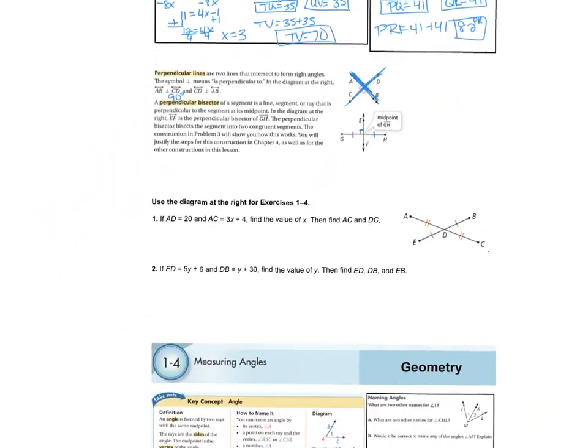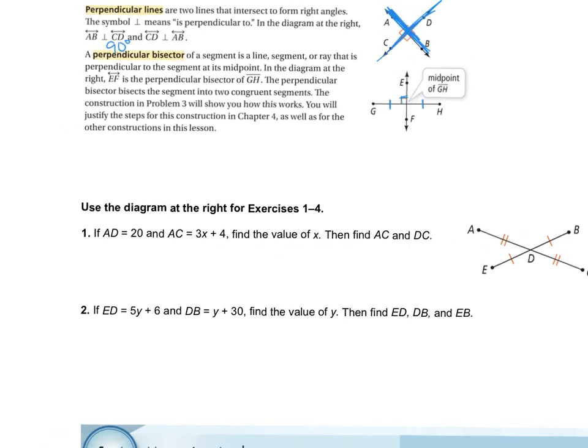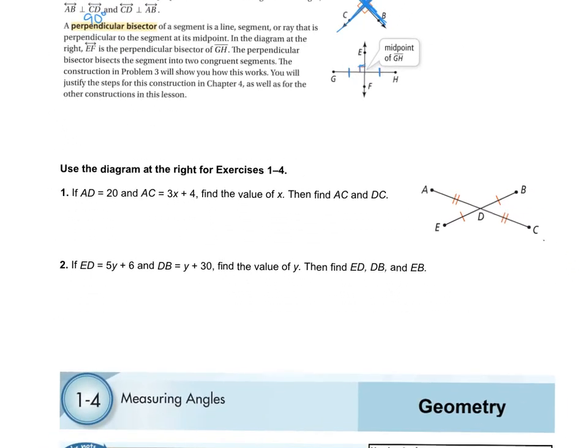Okay, last examples. In the figure, if AD equals 20, I'm just going to go ahead and start labeling them. AD equals 20, and AC, the whole way across from here to here, is going to equal 3x plus 4. Find the value of x.